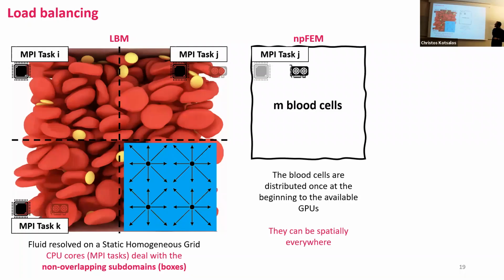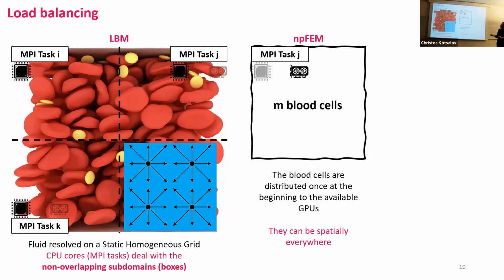Now, regarding the NPFM part, the FEM solver for the deformable blood cells. The MPI tasks, like the MPI tasks J and K, that are linked to a GPU, can now deal with deformable blood cells. Here, we are distributing once at the beginning, in a static manner, the available blood cells to the available GPUs.